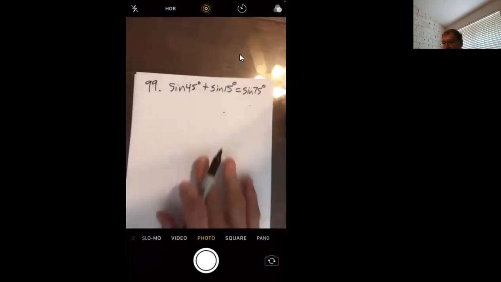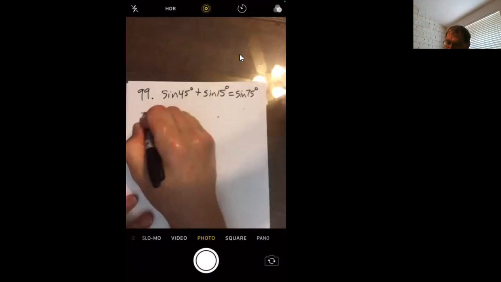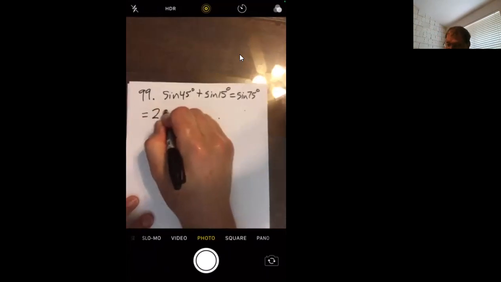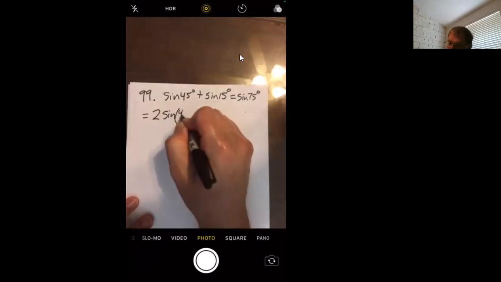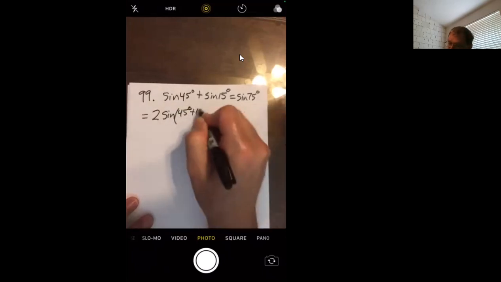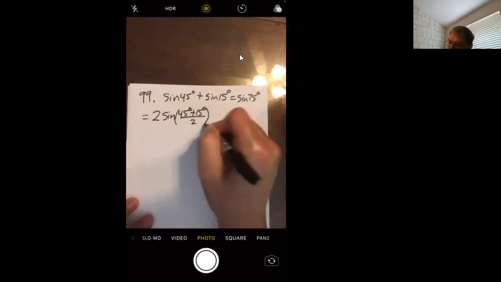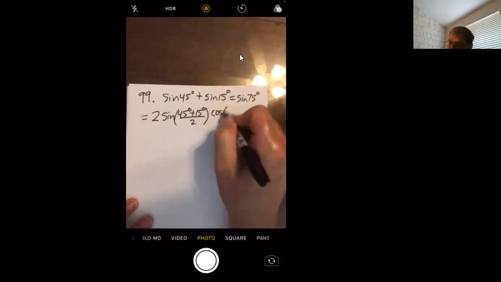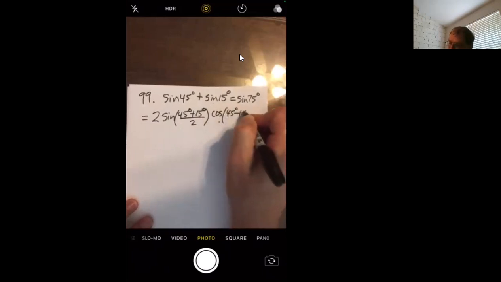Once again, I'm going to start with a sine plus a sine, which is twice sine of the average, cosine of the difference divided by 2. So I should get twice sine of (45 degrees plus 15 degrees) divided by 2, cosine of (45 degrees minus 15 degrees) divided by 2.